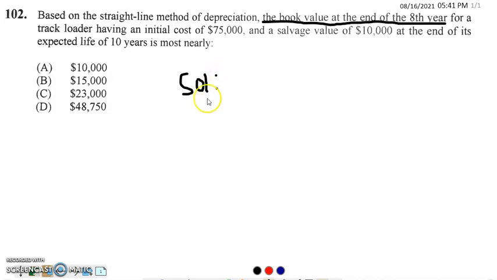Okay, so the initial value, let me call it I, equals 75k. Let me just use 75k. And the salvage value is 10k.